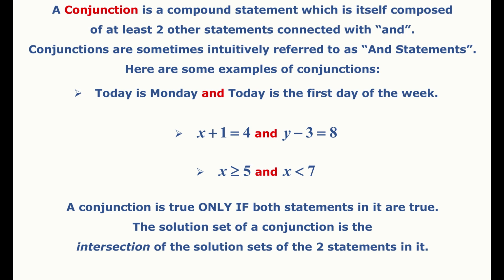Another example would be x plus 1 equals 4 and y minus 3 equals 8. It's more mathematical. Another one is x is greater than or equal to 5 and x is less than 7. A conjunction is true only if both statements in it are true. The solution set of a conjunction is the intersection of the solution sets of the two statements in it.